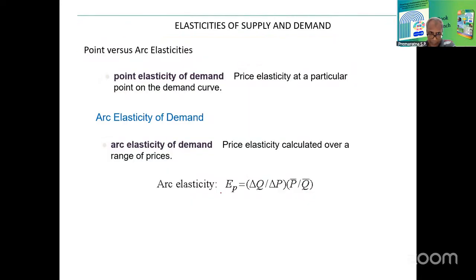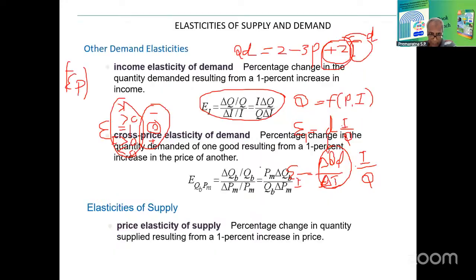The next point is cross price elasticity. It is about the relationship between the price of one good and the quantity of another good. It mainly helps us understand whether goods are substitutes, complements, or have no relation.